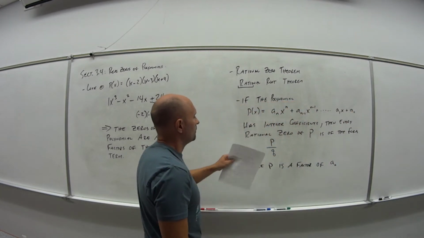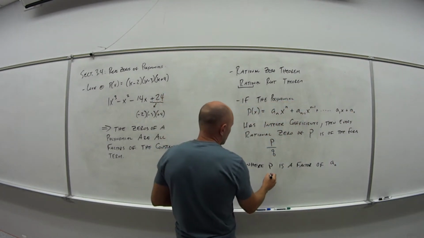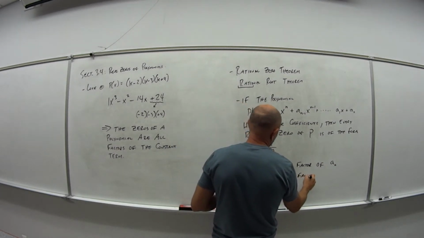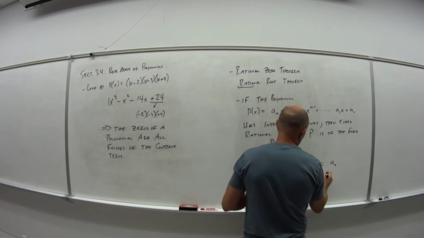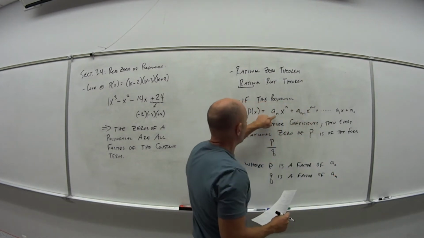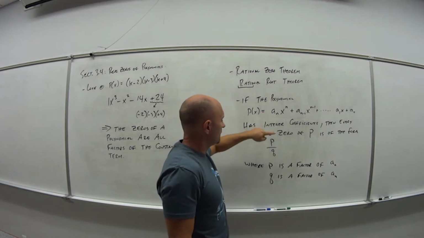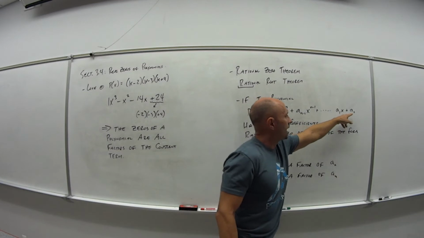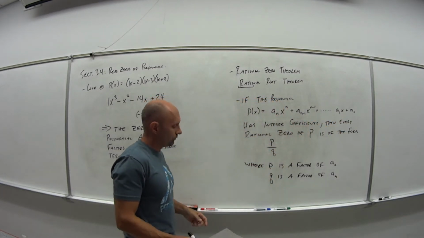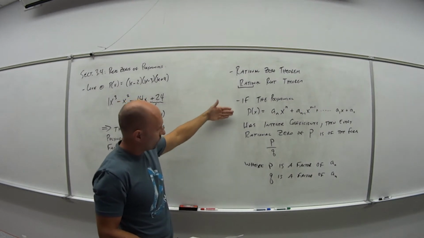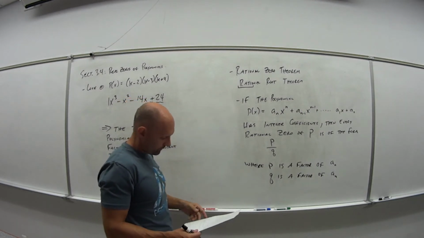So that goes in the numerator. And q is a factor of a sub n, the coefficient of our highest degree term. One of the factors of that goes in the denominator, and one of the factors of our constant goes in the numerator. This ratio is going to be a zero or a root of this polynomial.